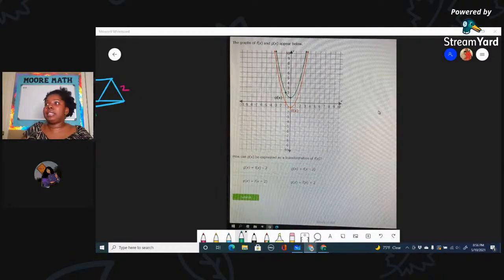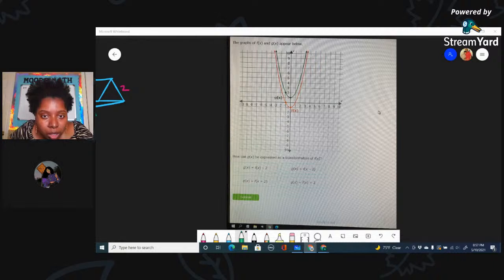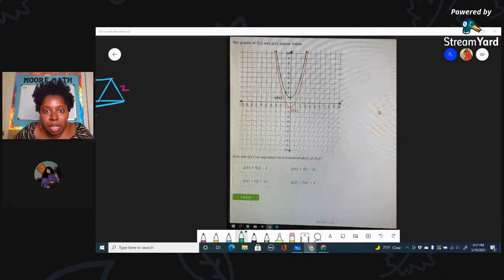So it says the graph of f(x) and g(x) appear below. How can g(x) be expressed as a transformation of f(x)? So what did we do to move it up or down?